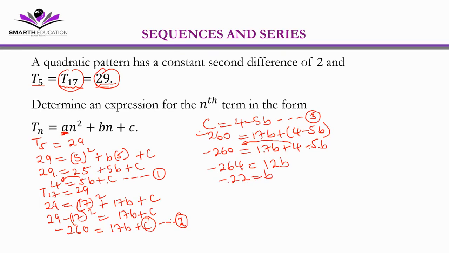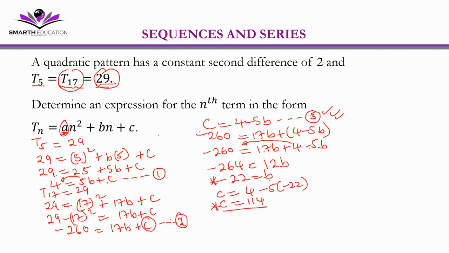And then we can get our c from equation 3. Now we have our b, so c is equal to 4 minus 5 times negative 22, because b is negative 22. Then we get that c is equal to 114. So if you check, we have our c, we have our b, and then we have our a.